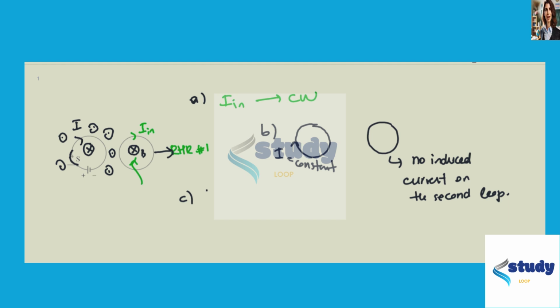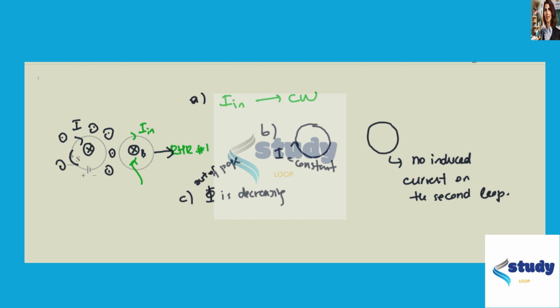So the B field is decreasing as we pull the second loop to the right. Also, flux is then decreasing, but the direction of the flux is still out of the page. So out of page flux is decreasing.